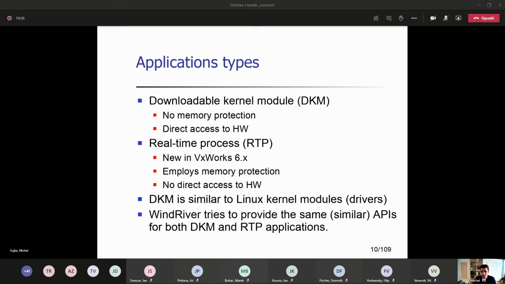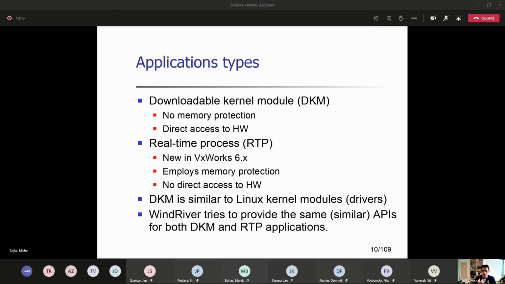You can imagine a real-time process as a normal application which you run under Linux or Windows. This is just a normal process, and there is memory protection. So this real-time process cannot touch the memory of other processes and cannot touch the memory of the kernel, which is good for protection, for safety.